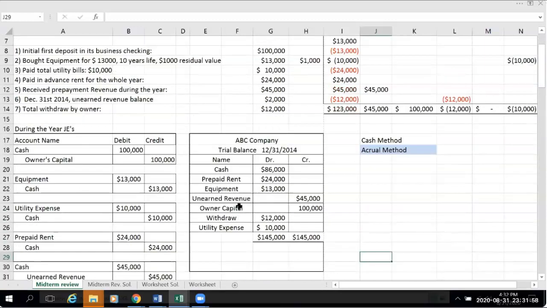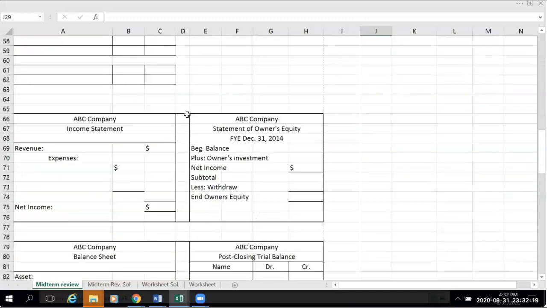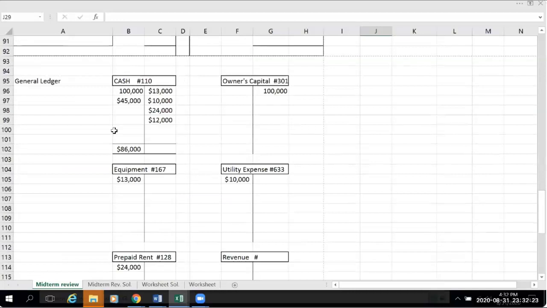So what we did during the year, we did all the transactions that happened. Hundreds and hundreds of transactions. Here we did few just to get the idea, but hundreds and hundreds of transactions. You record them, you post them to the general ledger T accounts.